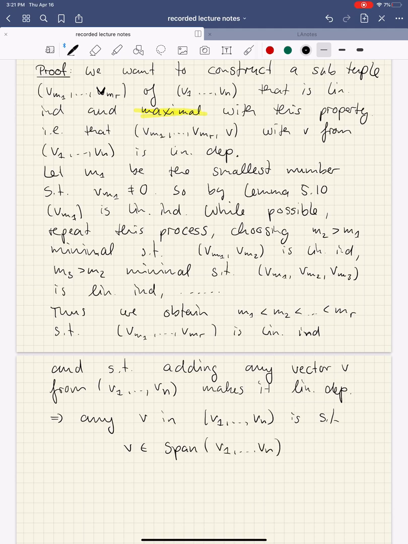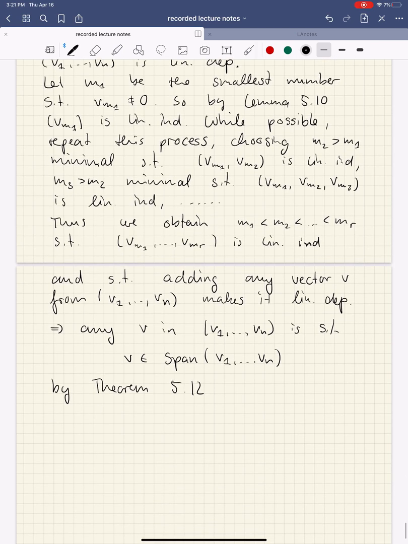We said that this tuple being linearly independent, this is one of the results from before, Theorem 5.12. Theorem 5.12 says that if you have a tuple that is linearly independent and you add a vector making this tuple linearly dependent, that means that this last vector had to be in the span of the previous ones.